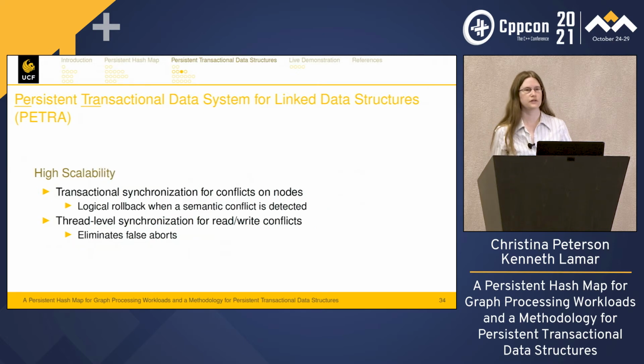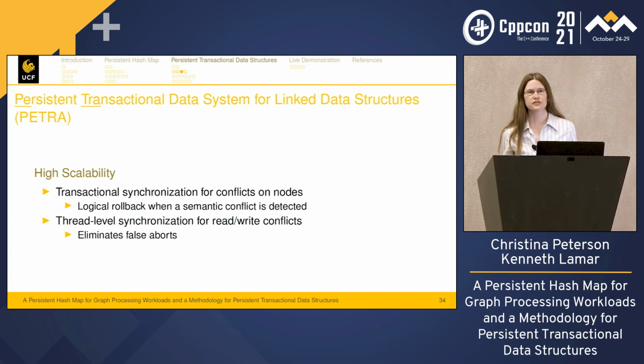And for high scalability, Petra does transactional synchronization only for high-level semantic conflicts, which are on the nodes themselves. All of those low-level conflicts can be handled using thread-level synchronization techniques such as lock-free programming or locking techniques.